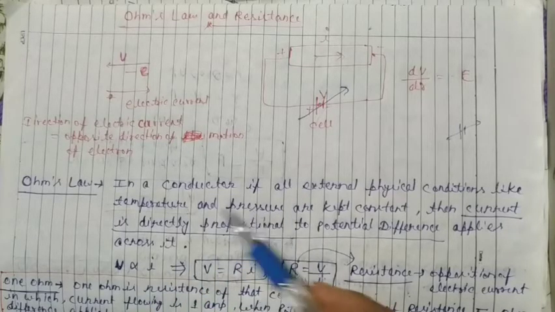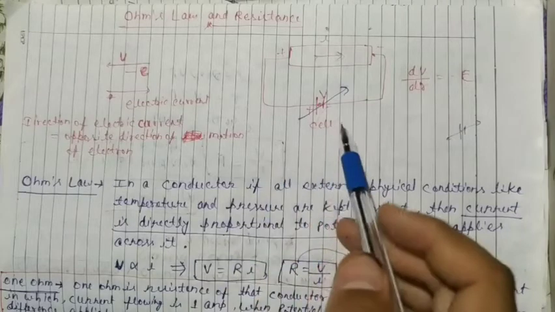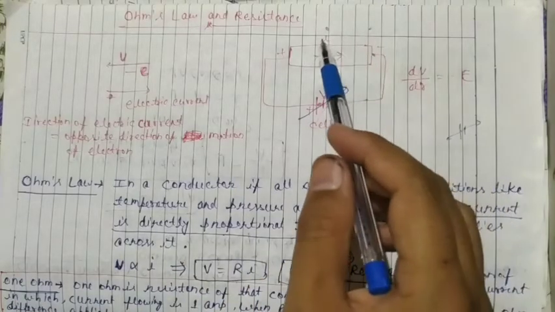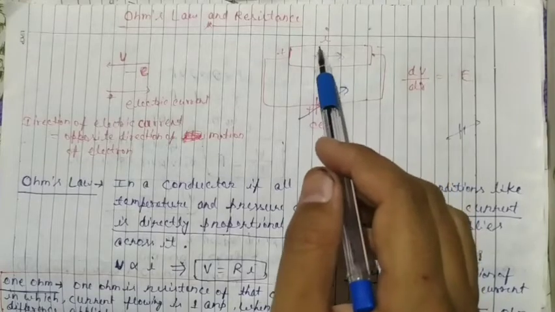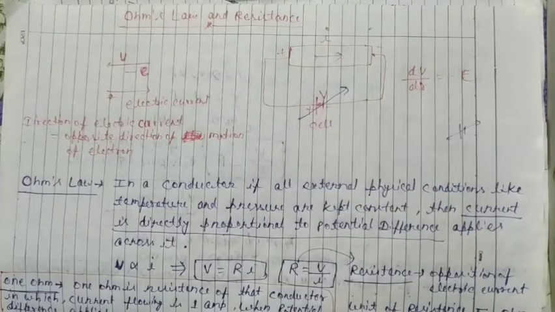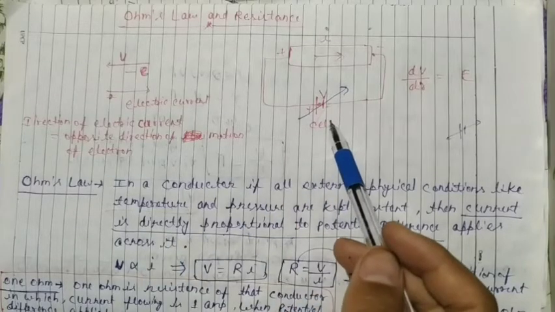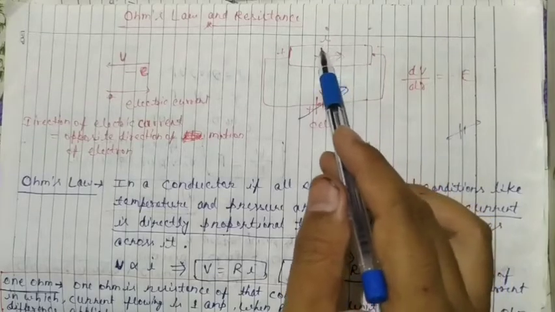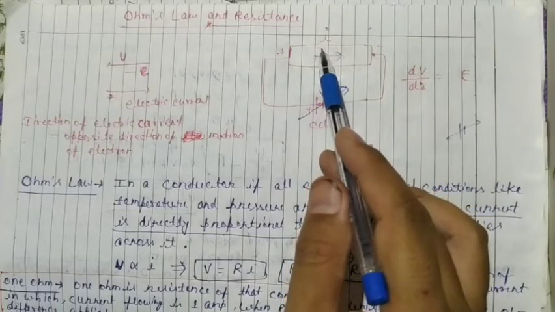When we increase the potential difference, make it double, means 2 times, what happened to current? We see that current has also increased 2 times. Now we make the potential difference 3 times. The current has increased 3 times.